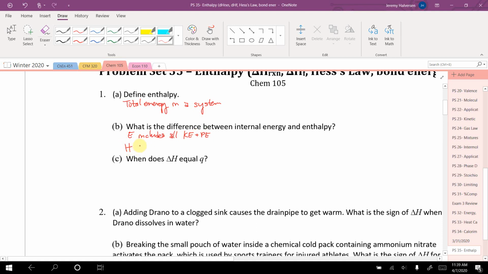Enthalpy is energy plus, we could say, the energy necessary to displace the environment.